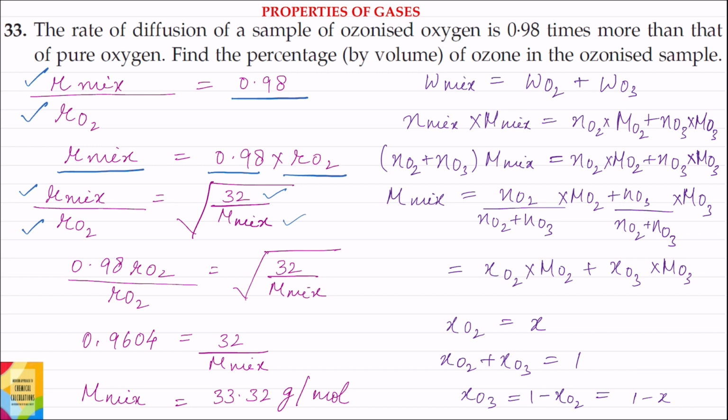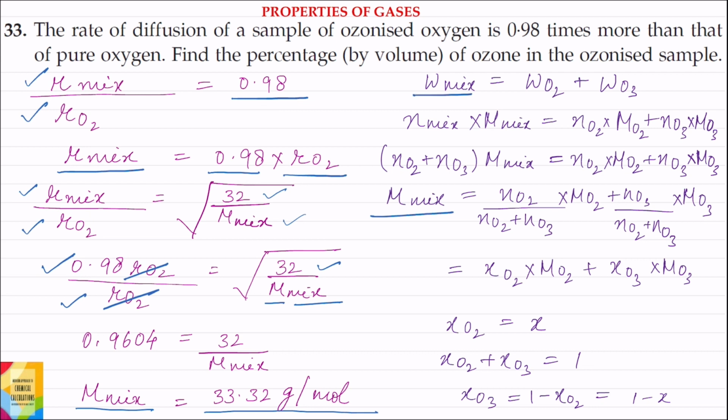Putting the value, 0.98 times the rate of diffusion of oxygen divided by the rate of diffusion of oxygen is equal to the square root of 32 divided by the molecular mass of the mixture, denoted M mixture. Now r O2 and r O2 get cancelled, and on solving, the molecular mass of the mixture is equal to 33.32 gram per mole.